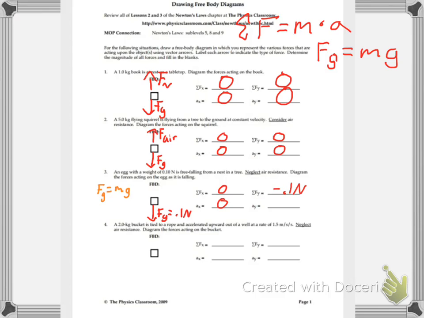So we will have negative 0.1 newtons equals our mass times negative 10 newtons per kilogram. When we divide negative 10 over, we'll get a mass of 0.01 kilograms.